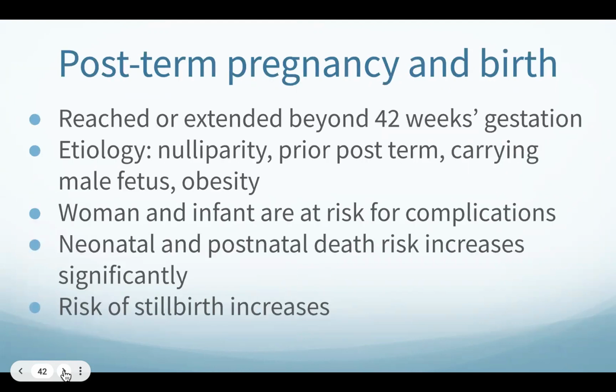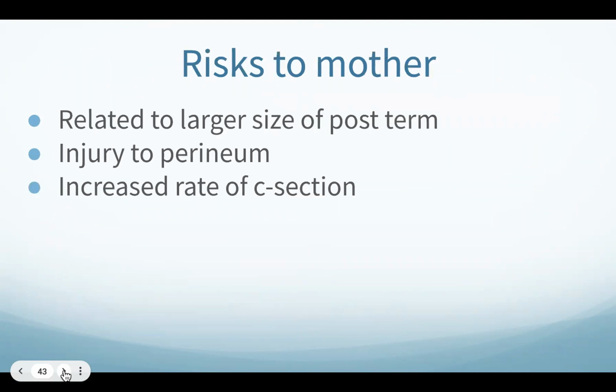Post-term pregnancy. Post-term is when the pregnancy extends beyond 42 weeks gestation, and it runs its own risks, both for mom and baby. Risk of stillbirth increases. So risk to the mom: injury to the perineum, related to the larger size of the post-term baby.